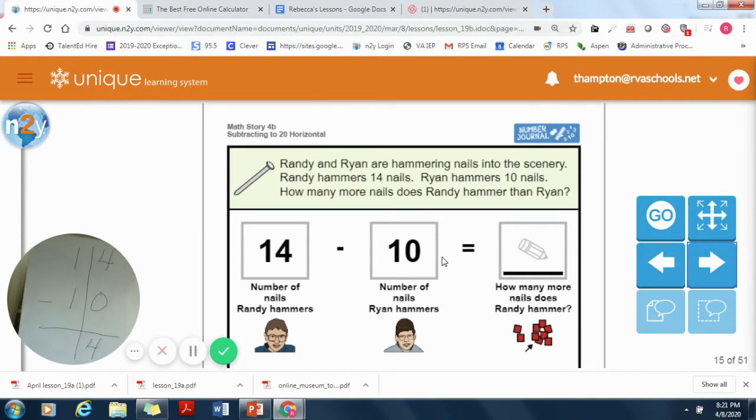Now let's look at our tens column, right? So let's look at our tens. We have 1 minus 1. Now there, if we have one pair of tennis shoes and we take that 1 away, how many do we have left? 0. Very good. Now you don't really have to write the 0, but it helps you know that you completed the math problem.